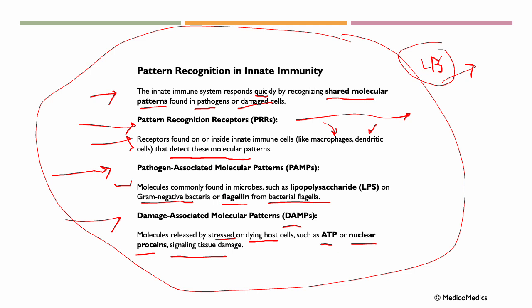These receptors don't target specific pathogens like the adaptive immune system does, but instead they detect conserved molecular patterns, so PAMPs, for example, or DAMPs, that are common across many microbes. And these early signals are essential in launching the immune response, helping to recruit other immune cells, and then help shaping the subsequent adaptive immune response.